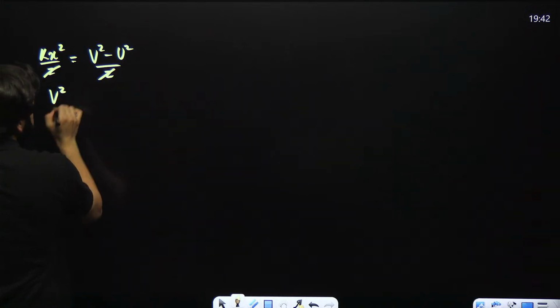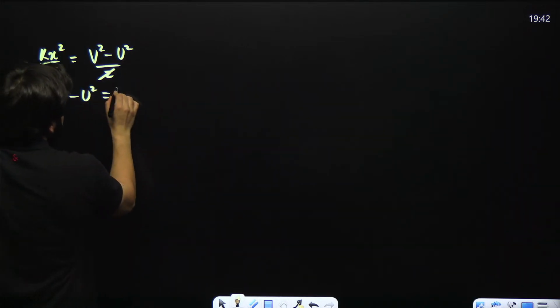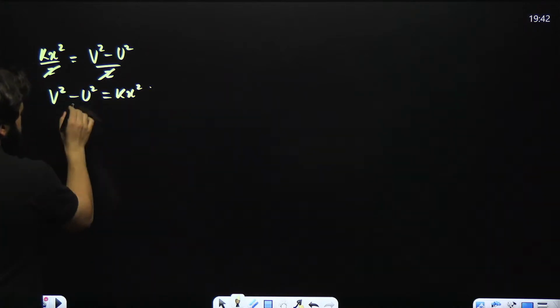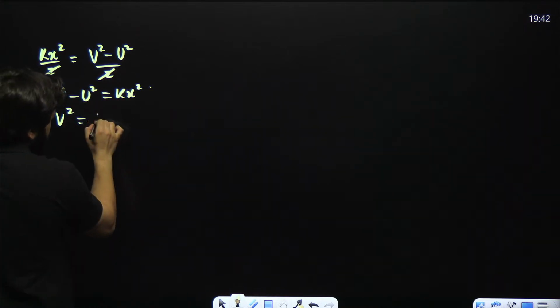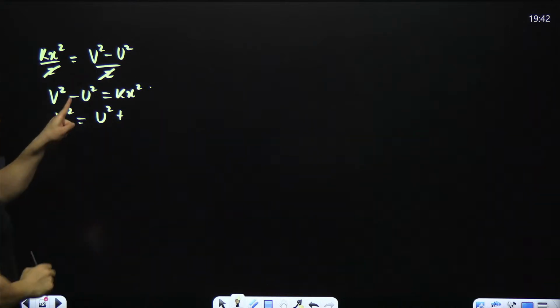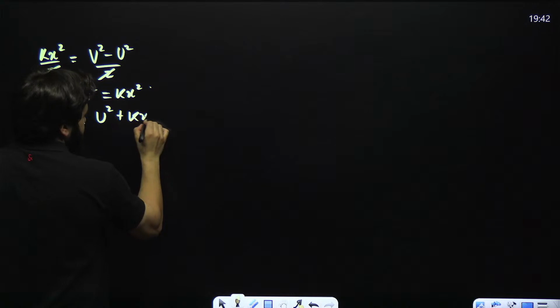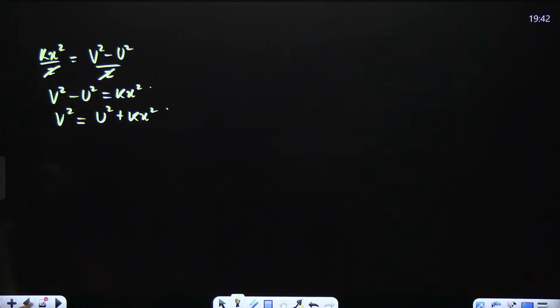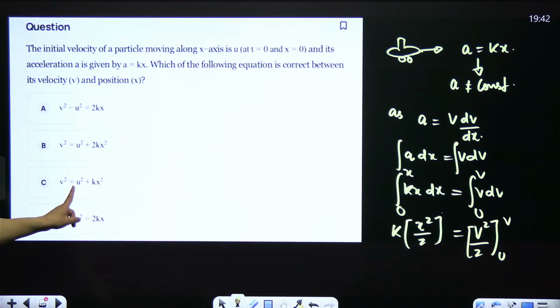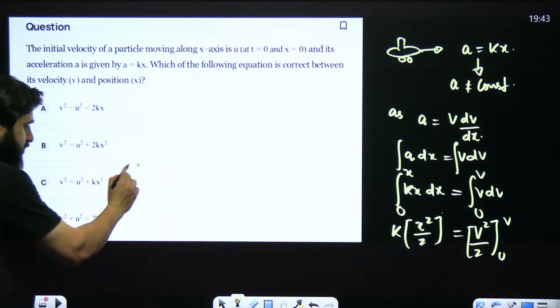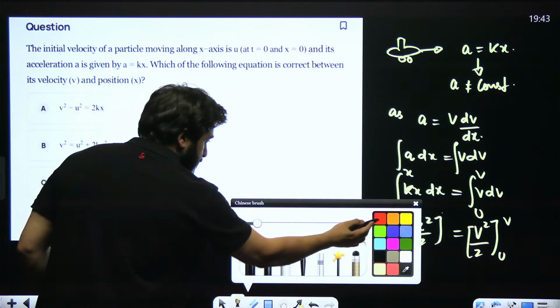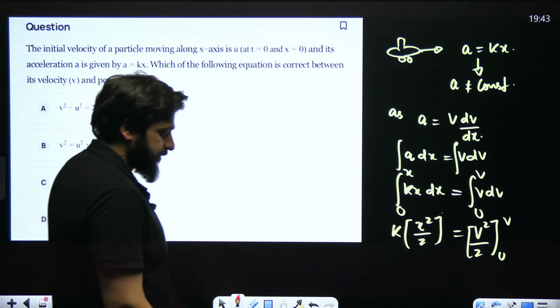So we say this is v square minus u square is equal to kx square. So v square is equal to u square plus kx square, because if you take it from the other side it becomes plus. Now match with the options. V square is equal to u square plus kx square. So option C is correct.